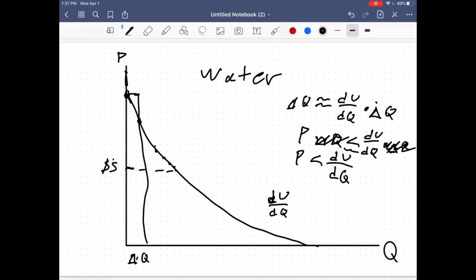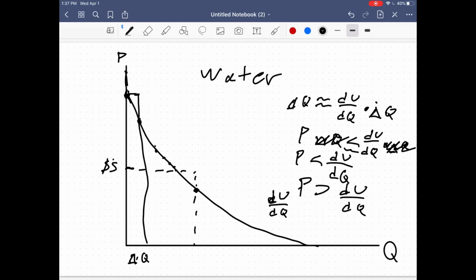And now let's think about the case instead where you have too much water, where you're consuming so much water that the price is now higher than the marginal utility. So let's say price is higher than marginal utility. Should you buy more water, less water, or the same amount of water?